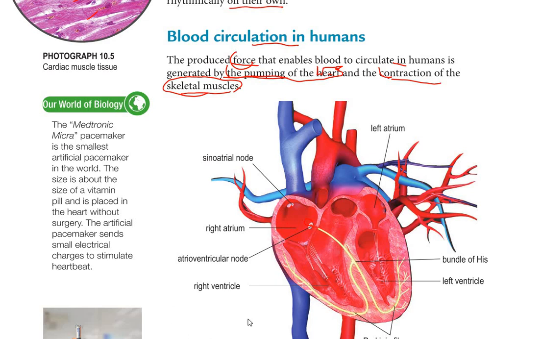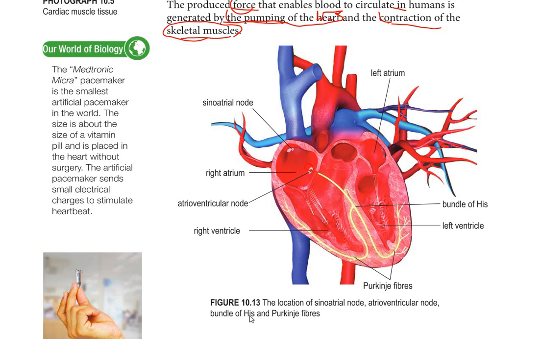This diagram shows you the parts of the heart that are involved in the heartbeat. First, we have the sinoatrial node located at the atrium here, the right atrium. And then we have the atrioventricular node, between the atrium and ventricles, here at the right part.